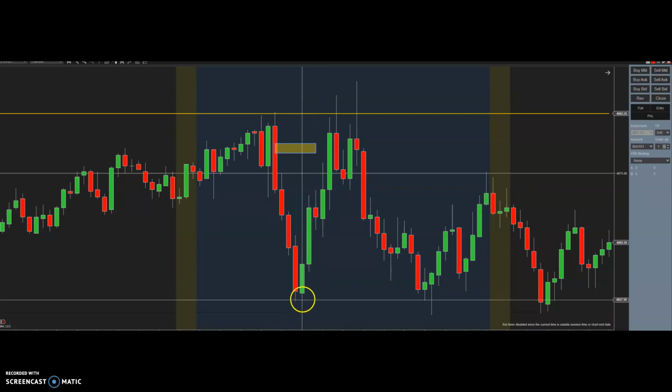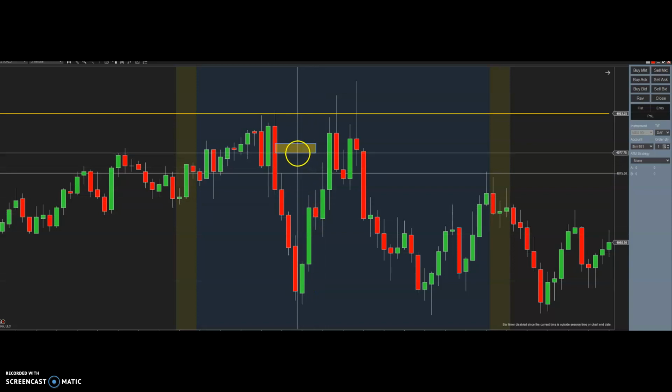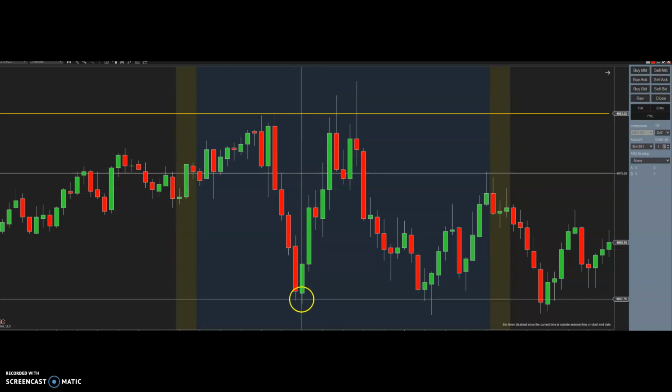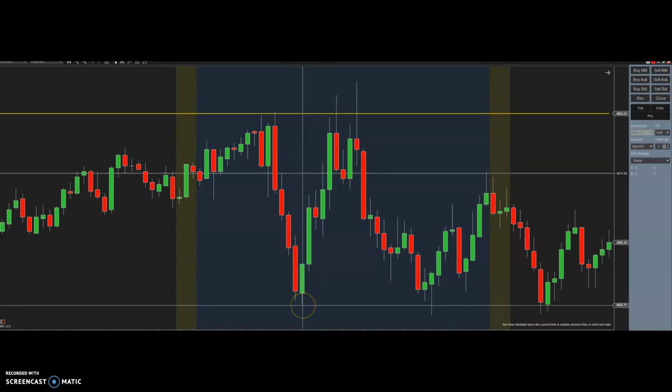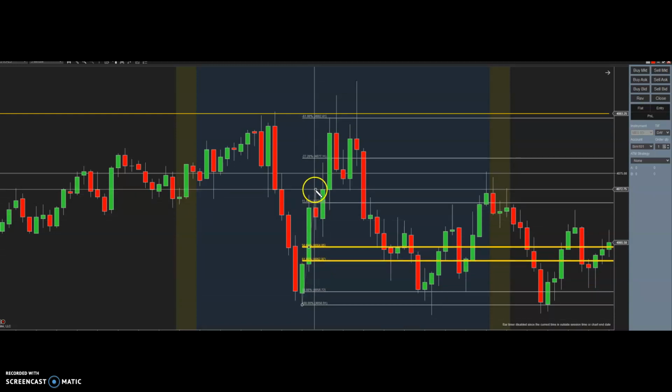Okay? So, from this floor, we had an impulse up. Okay? And we had a full red bar pullback or retracement. At that moment, I go into my toolbox and I start at the low of this candle. And I drag the Fibonacci up to the top of that bar that started pulling back.